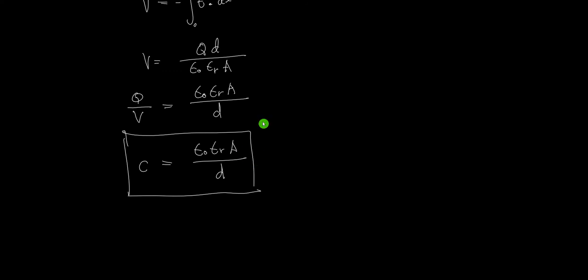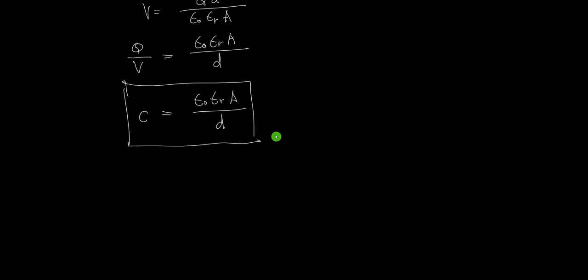So now that we know this formula, you can solve for the capacitance of every capacitor as long as you know the dielectric, the area of the plate, and the distance between the plates. Now, this formula is only applicable for, for example, this capacitor.